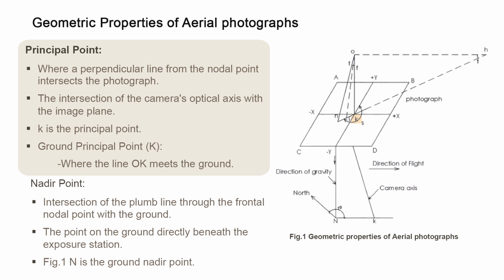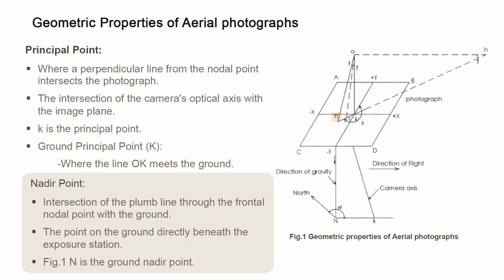This can also be said that the principal point is a point where the camera's optical axis intersects the image plane. In the figure on the screen, small k is a principal point, and the point capital K is known as the ground principal point, where the line capital OK produced meets the ground.